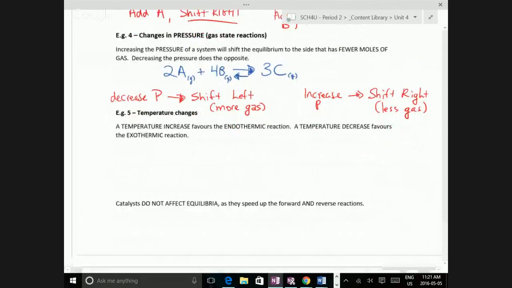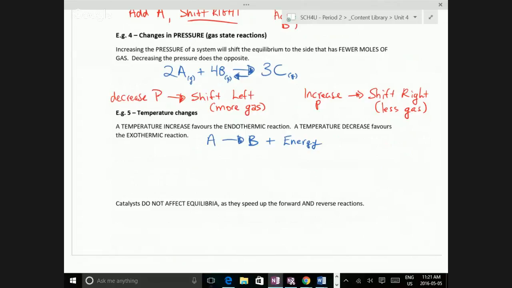I want to imagine now a reaction where A reacts to make B and a whole whack of energy. Now, just really quickly, what can you tell me about that reaction looking at it? It is exothermic, releases energy, good. And it's going to release that energy realistically as heat.